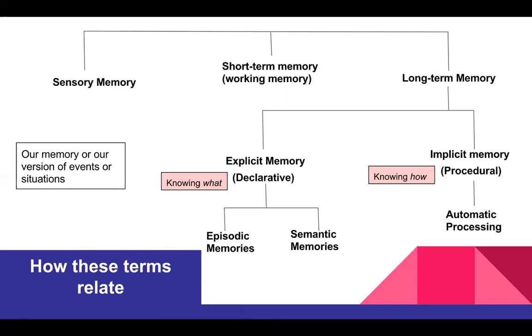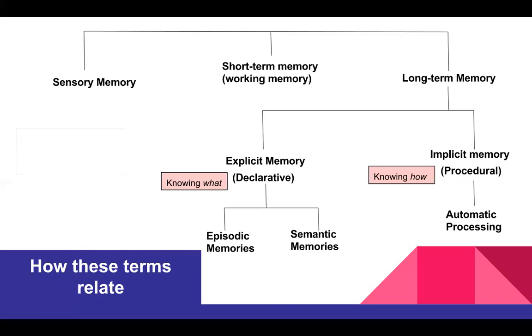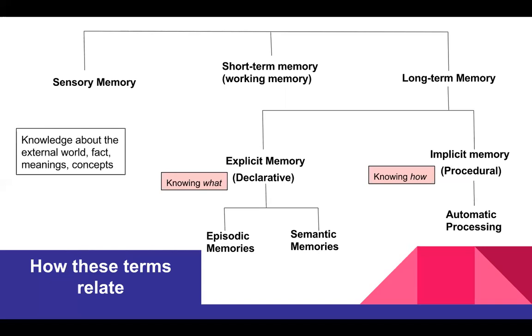We influence these memories. The memories get encoded and stored as our versions. They may be reality to us, but they are definitely through our perspective. Semantic memory is the kind of memorizing facts and meanings and concepts, okay?